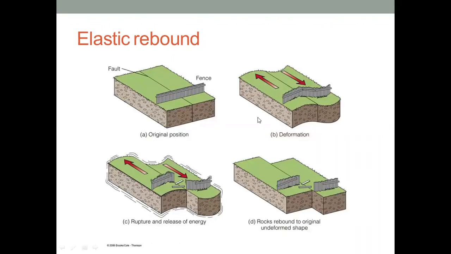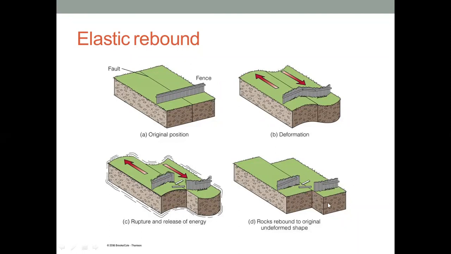This is another example of elastic rebound. Initially, the fault is at one place. Now, due to the continuous movement, this is an example of the transform boundary. The strain will build up at the junction of these two boundaries. At one point in time, the sudden release of energy will happen. Because of that, the location of this fault will change.